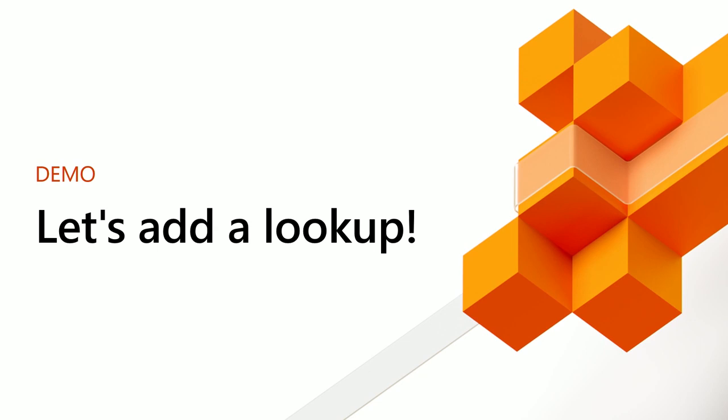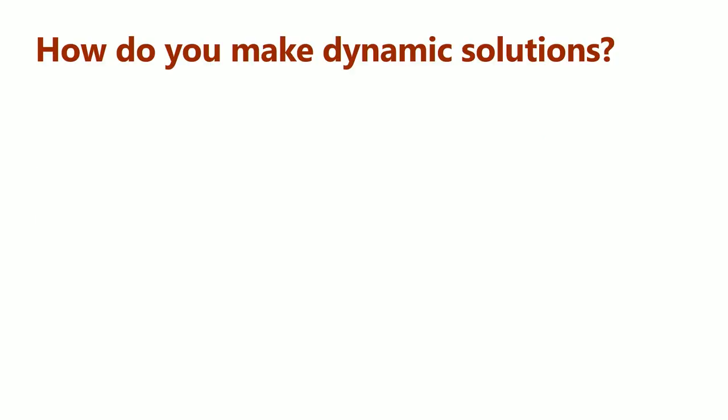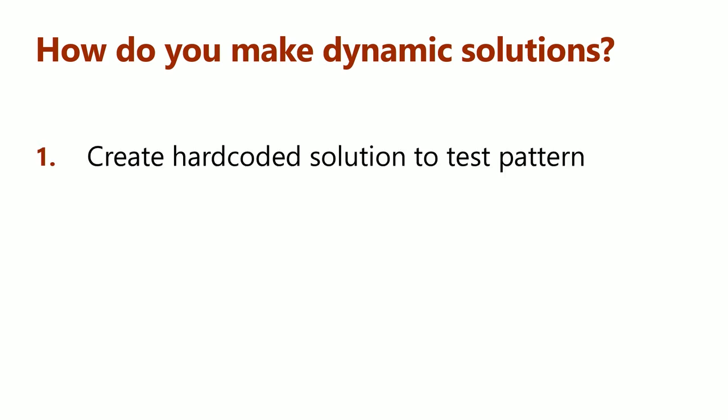So just to summarize what we looked at today for dynamic solutions, the approach that I like to do is start out by creating a hard-coded solution to test that pattern, like we started with. Just make sure that everything works, the API calls or the queries to your database work, and all of that is set up.